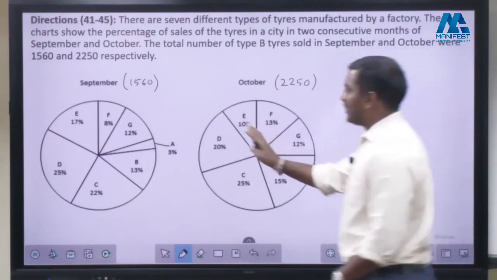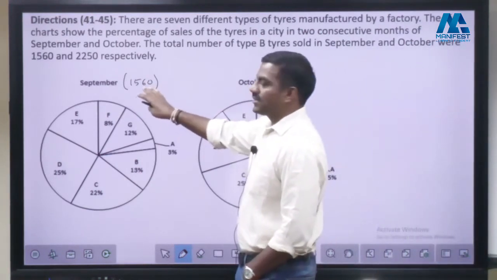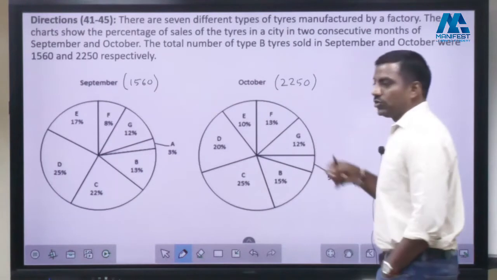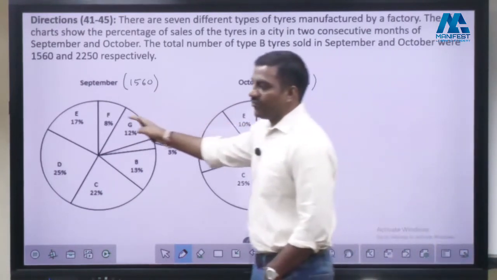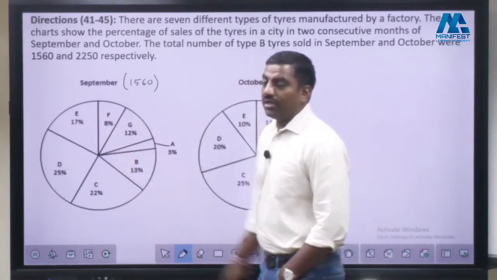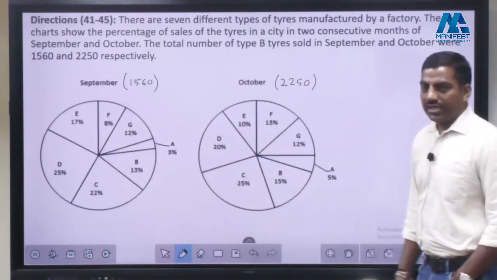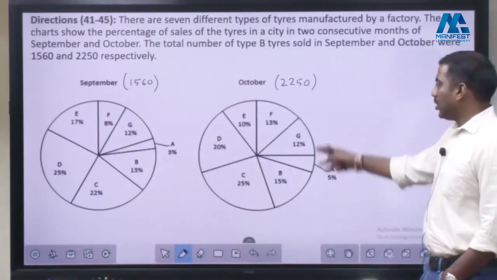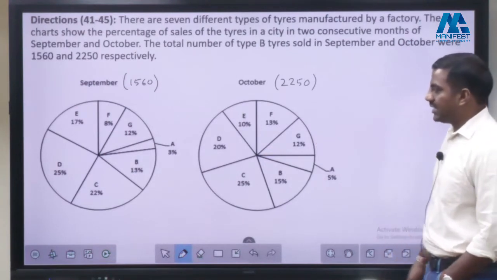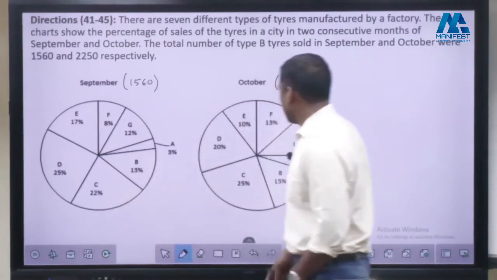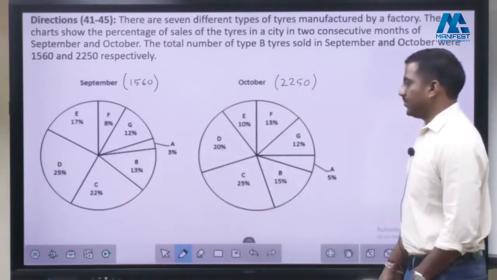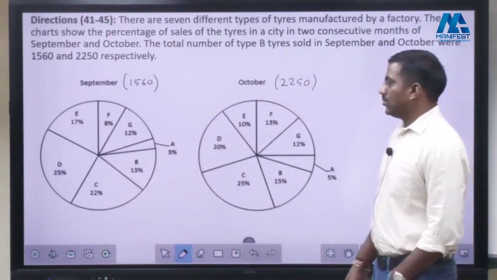Analyze. This is September's sales, 1,560. This is 2,250. In that, again, the different compositions are there for 7 different tires, A to G, and here also A to G. Try to understand. Here D were sold most. Here C were sold most.